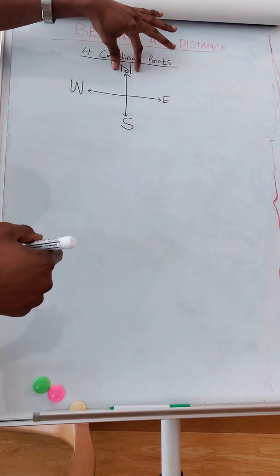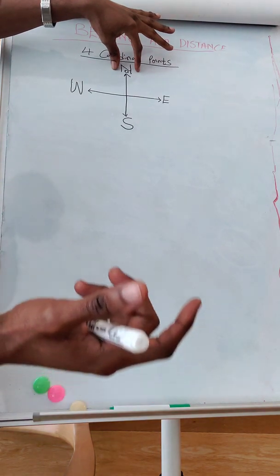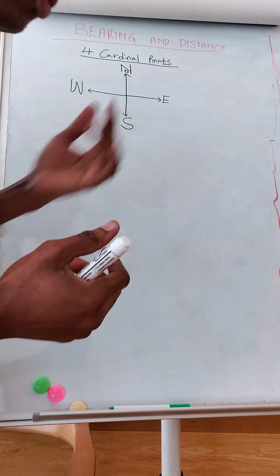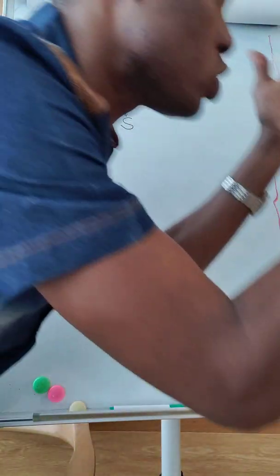So, for north, I use the analogy of nodding in football. I'm a football fan, I play football also. You use your head to nod, right? So your head is in the position of nod.